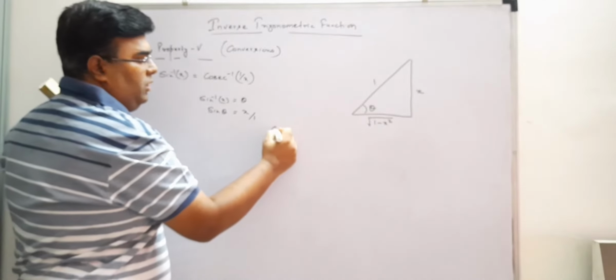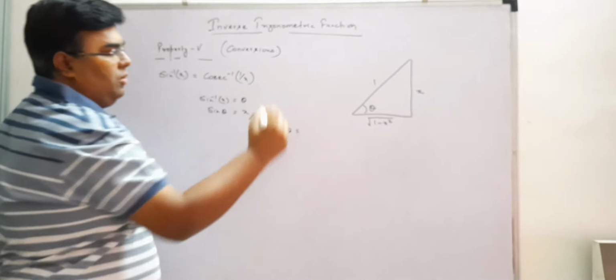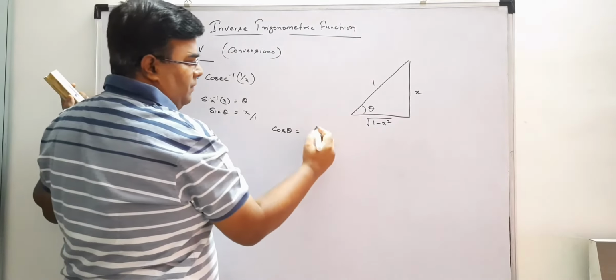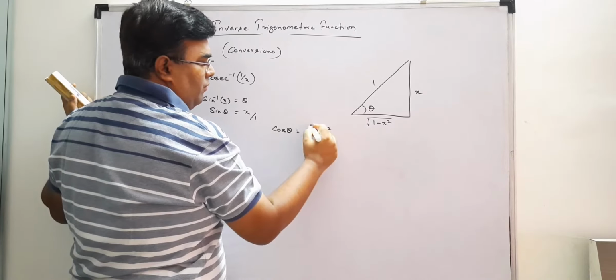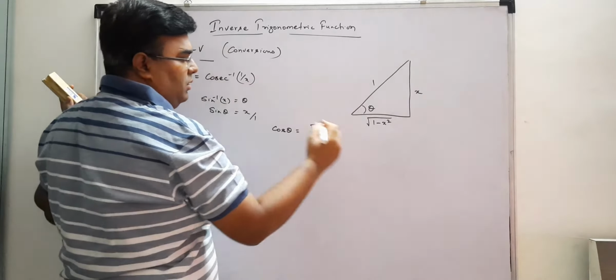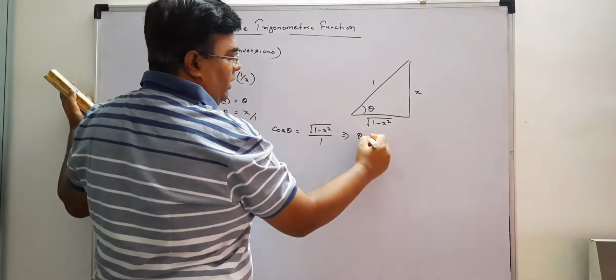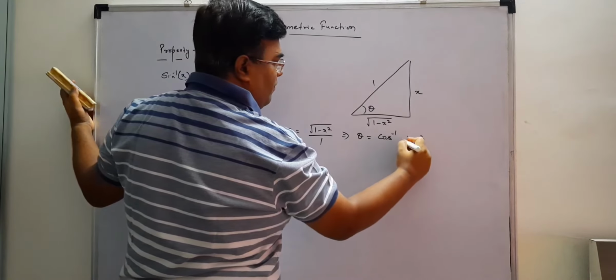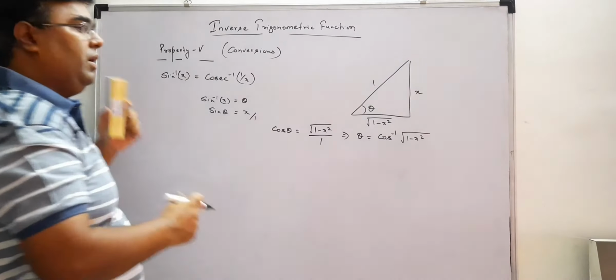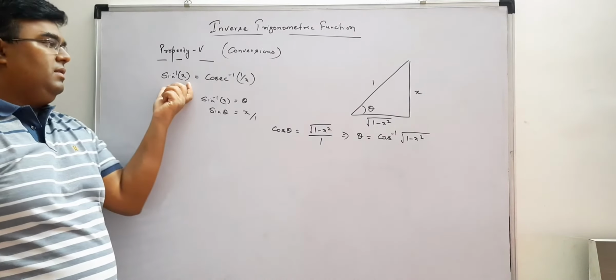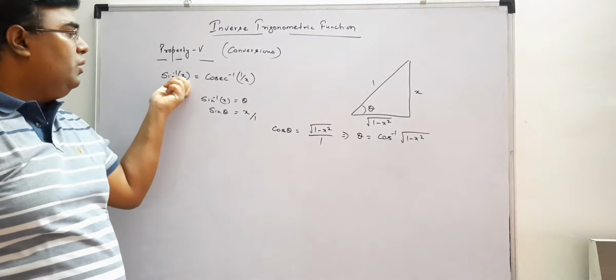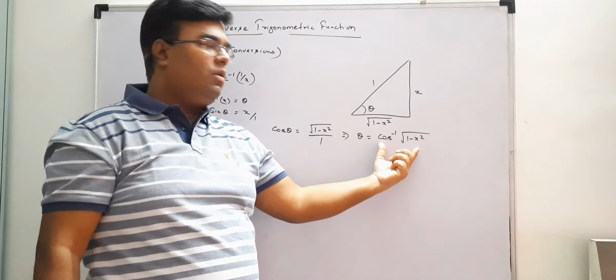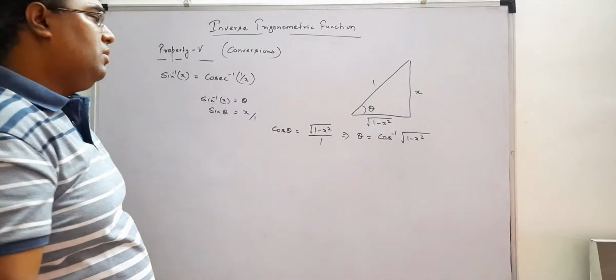What is my cos theta? Cos theta is base upon hypotenuse. This implies theta is equal to cos inverse square root of 1 minus x square. So if we have sin inverse x and we want to convert into cos inverse, it will become cos inverse square root of 1 minus x square.